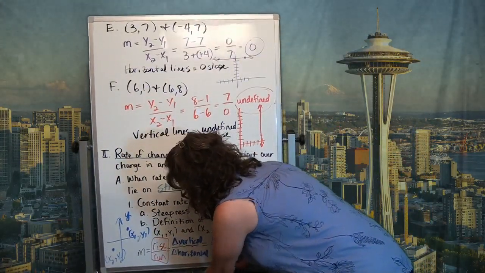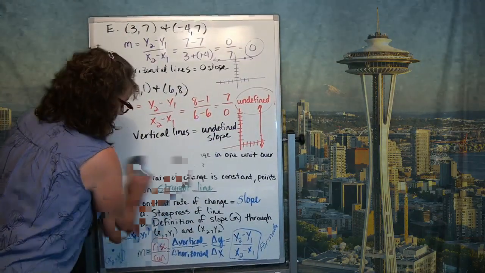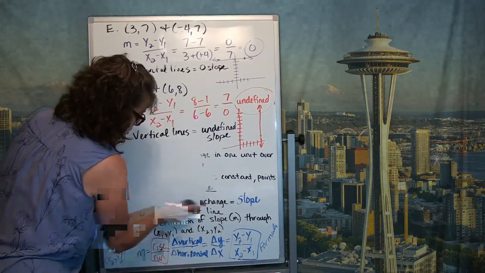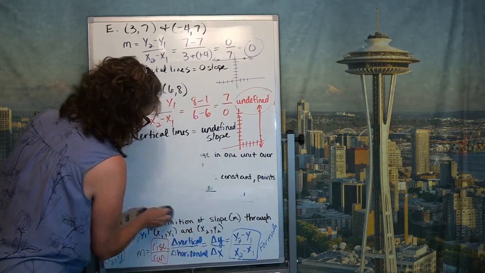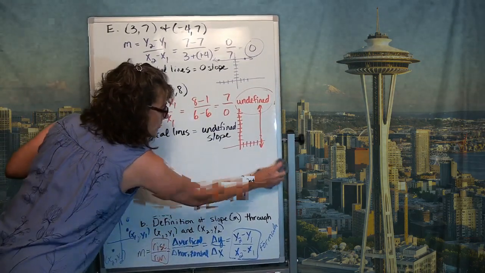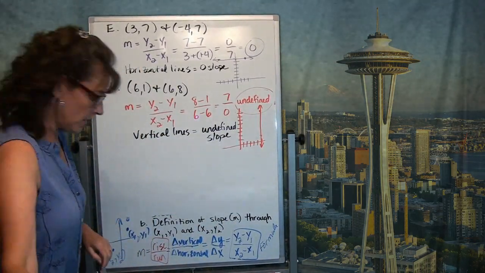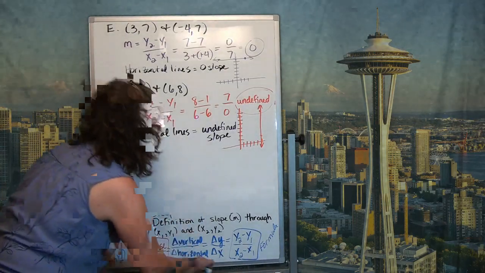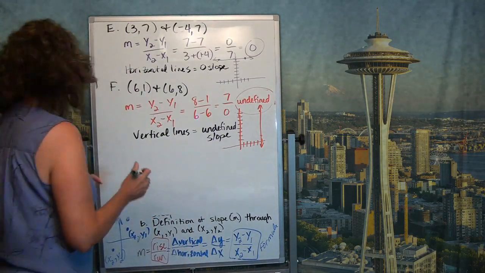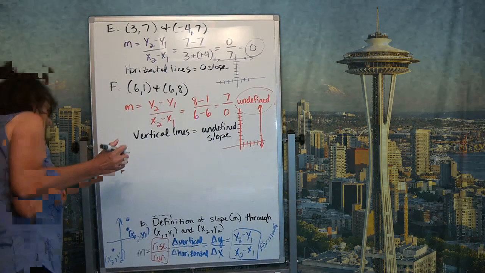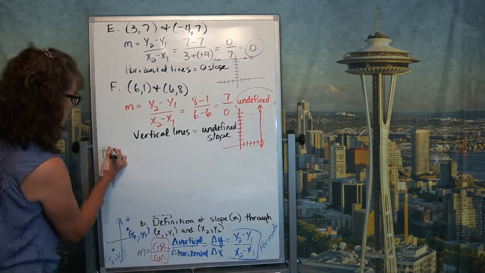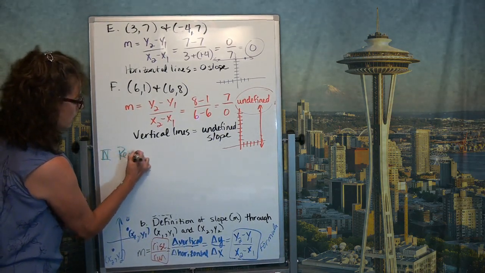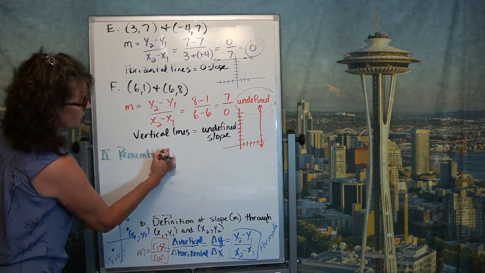So what I'm going to do is draw a little picture for us. And this is going to help us to remember our slope. I want to keep that formula up there if at all possible. Okay, so again, this is going to help us to remember slope. Roman numeral 4. Remembering slope.